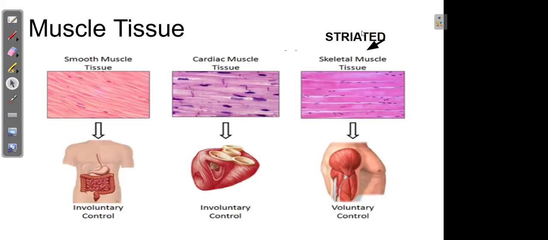So from here you may get the questions: differentiate between voluntary and involuntary muscles. You can get a question to differentiate between smooth muscle and striated muscles. Got it? So what are voluntary muscles?